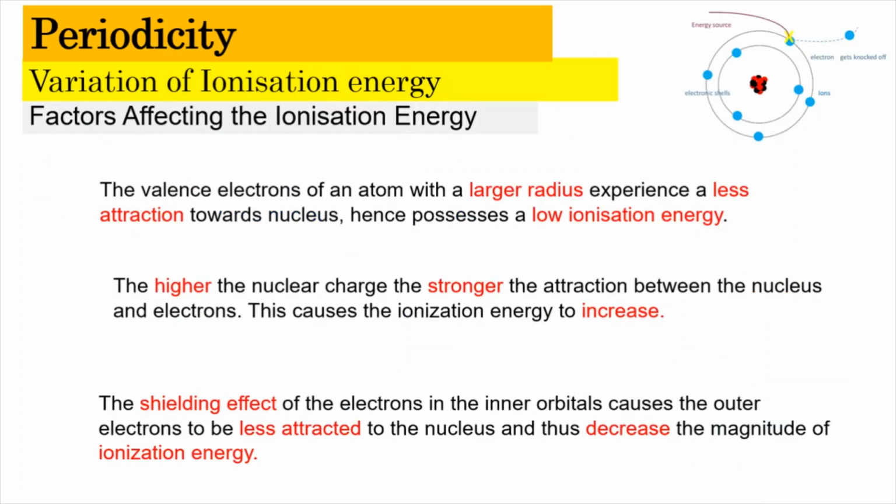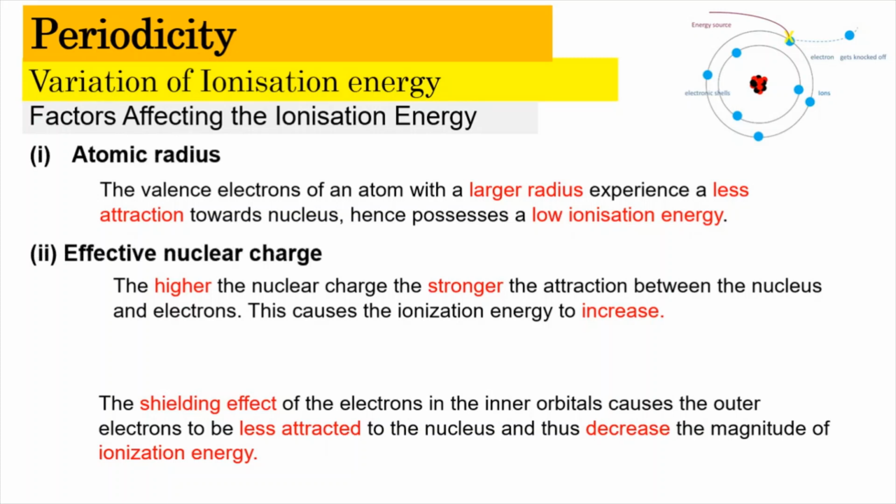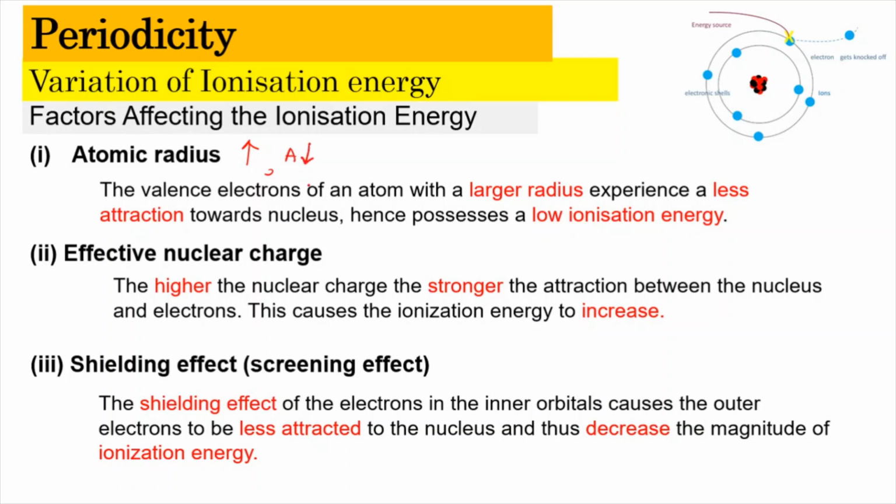Now, there are 3 factors that affect the ionization energy. So first we have the atomic radius, next we have effective nuclear charge, and the third one we have the shielding effect, also known as the screening effect. So for atomic radius, the larger the atomic radius, it means that the valence electron will have a lower attraction towards the nucleus.